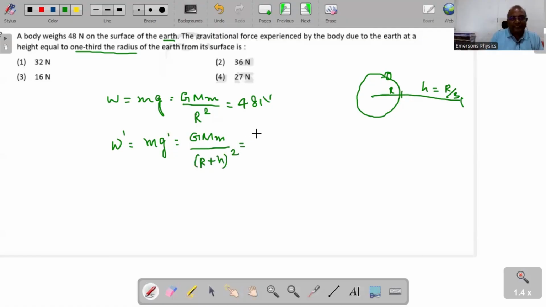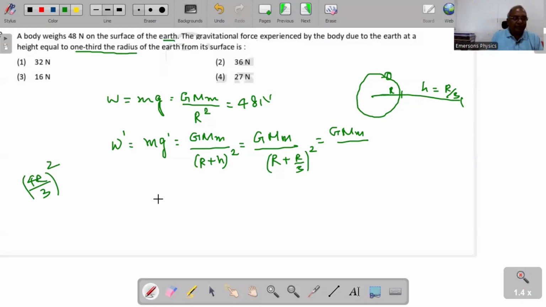So we can write it as G M m by R plus R by 3, the whole square, which is equal to G M m by 3 plus 1, 4R by 3, the whole square.